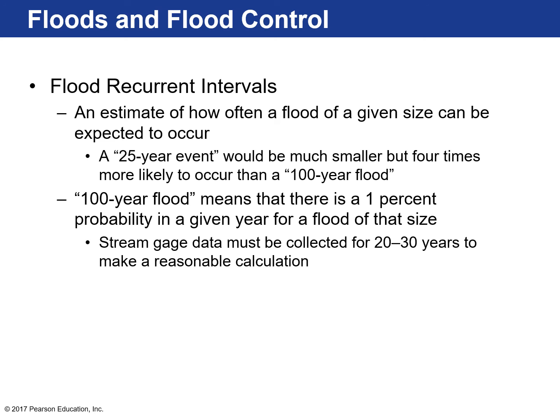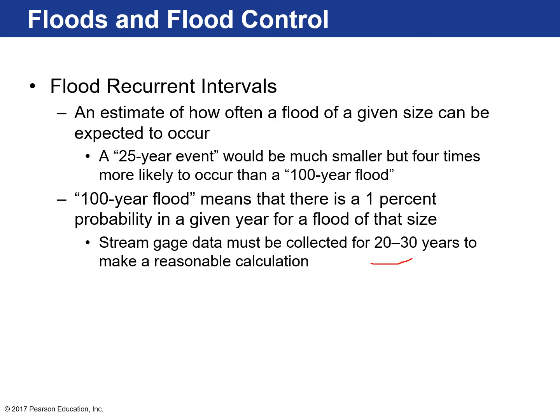Those are the odds, okay? But you can have two back-to-back 25-year events or back-to-back 100-year events. A 100-year flood means that in any given year, a 100-year flood event has a 1% chance of occurring. So we can make those estimates if we've got good data.